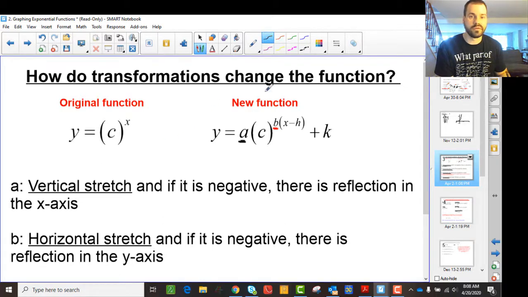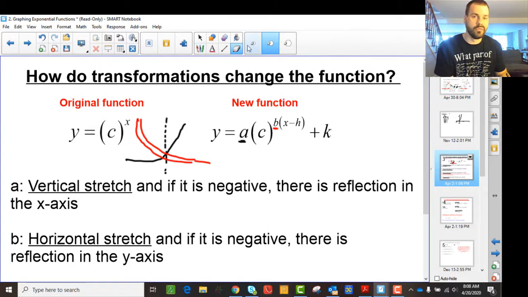So if my graph is generally going like this, and this is my y-axis, then it's going to reflect in the y-axis and look like this. It's supposed to be a mirror. That's not a very good symmetrical drawing, but you get the idea, hopefully. It basically just flips around the y-axis. It reflects across the y instead of reflecting across the x. So that's what b does to the graph.